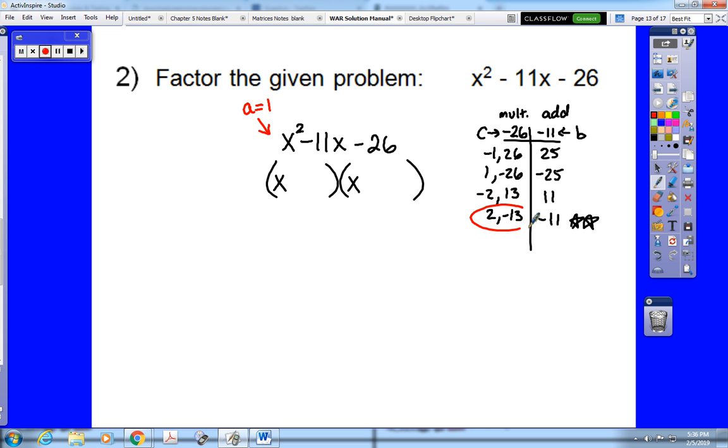So the numbers that we plug in are positive 2 and negative 13. And that's the factors. The two factors are x plus 2 and x minus 13. I hope you're good at factoring, because factoring is something we've spent quite a bit of time on in algebra.